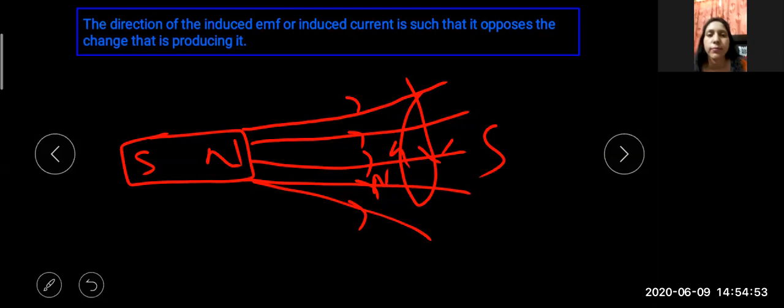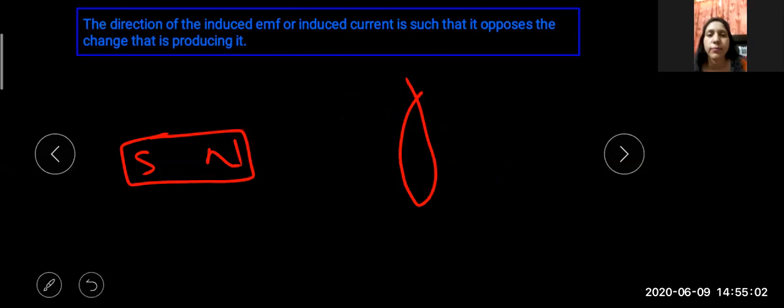If we take another situation, if the magnet is moved away from this loop, when we take the magnet away from this loop, the magnetic flux linked with this loop decreases.